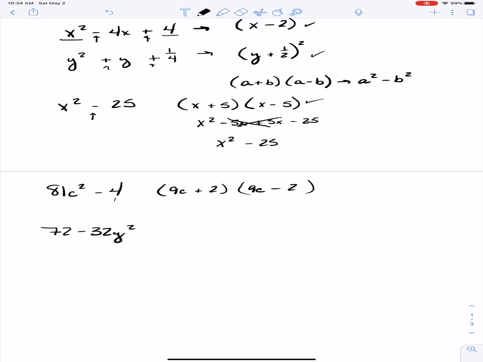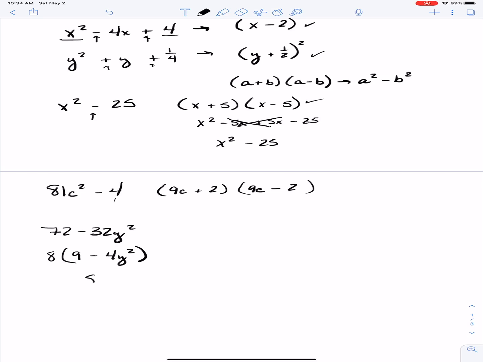Well, me being a math nerd that I am, I know that 72 and 32 have a factor of 8. So I'm going to factor out 8. Well, 8 divides into 72 9 times. 8 divides into 32y squared, 4y squared. Look, we now have two perfect squares. Okay, so we can now factor this using the difference of two squares.